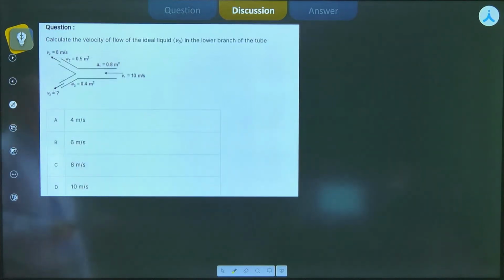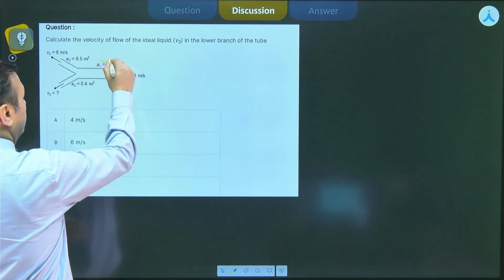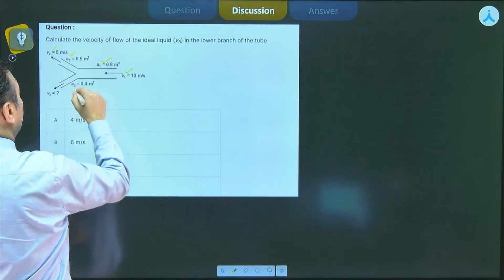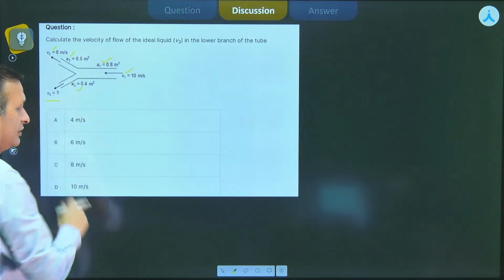Let's move. Now calculate the velocity. This is again a very important area. Calculate the velocity of flow of ideal fluid V3 in the lower branch of the tube. So first you look at the diagram. This is area of cross section A1, this is V1, this is A2, this is V2, and this is A3, and this is V3.